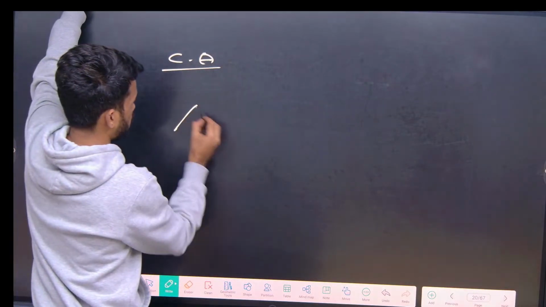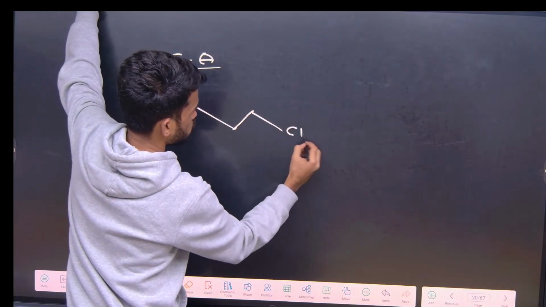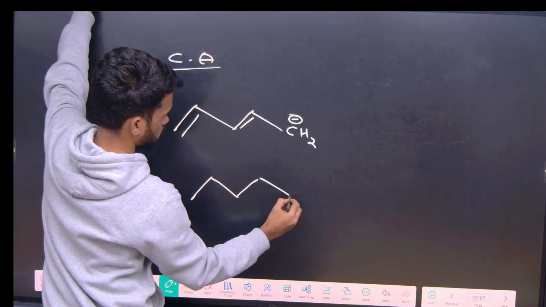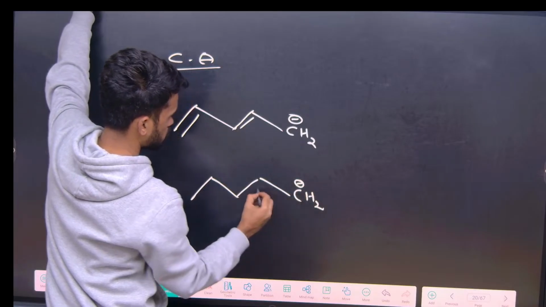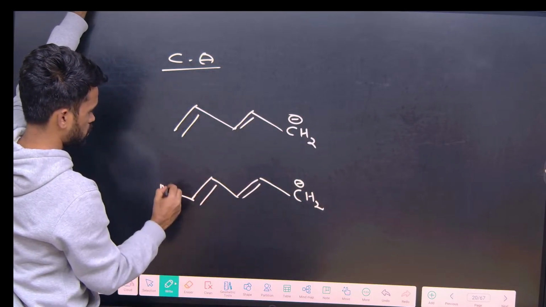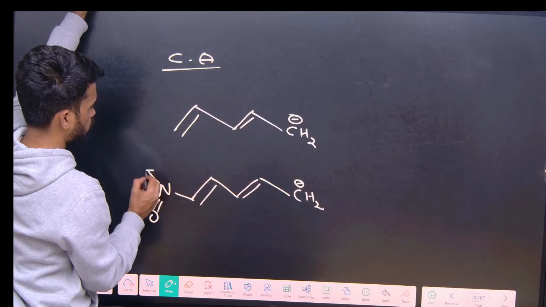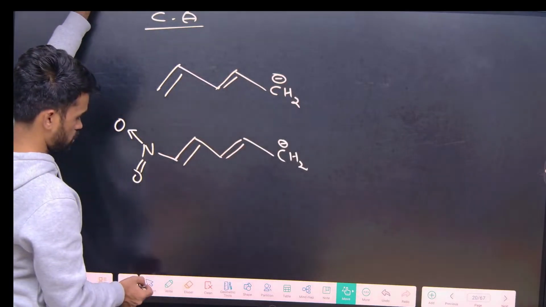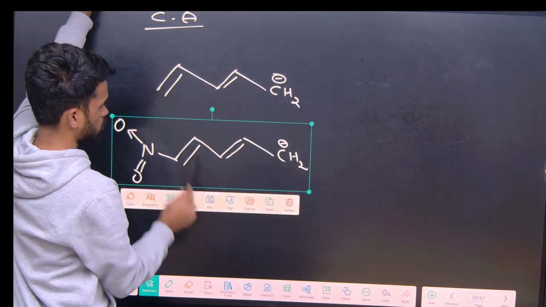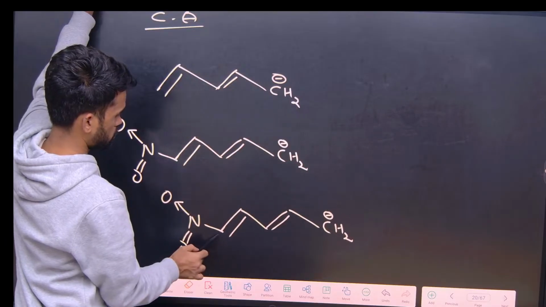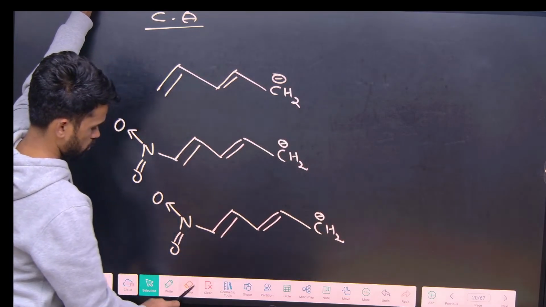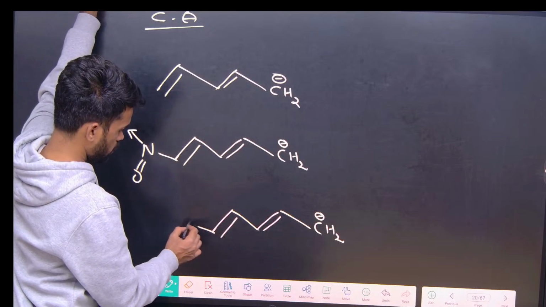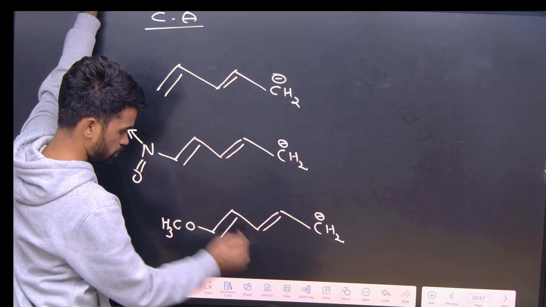So for example, I am writing like this, CH2 minus, again nitro group, and here OCH3 only.